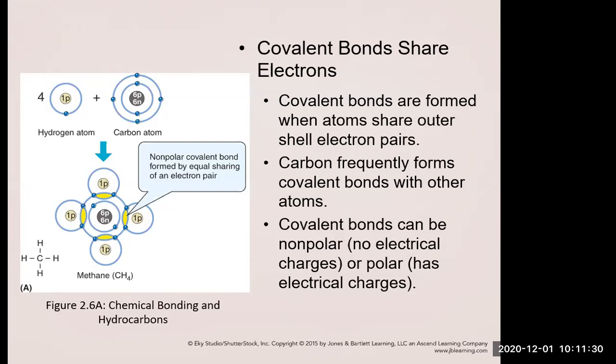So let's think about, for example, methane here in this image. You can see that this is a balanced molecule. There's no difference in charge in any location in this molecule. But if we take something like water, where we have 1 oxygen and then 2 hydrogens down at the bottom, oxygen is going to pull more. So it has what we're going to call a dipole moment.